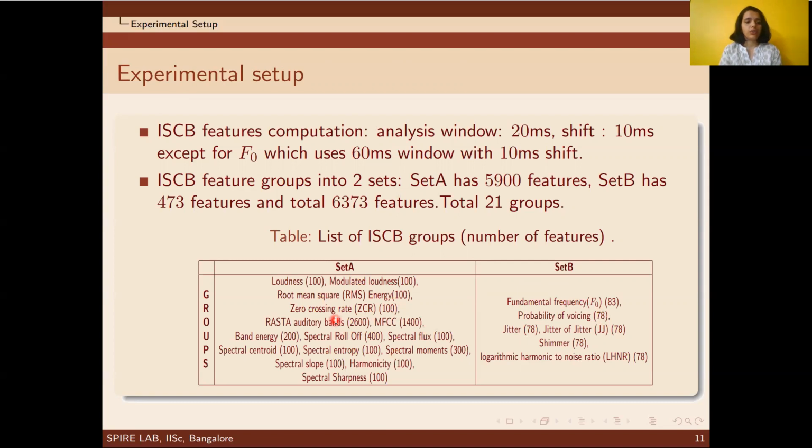Each group is followed by the number of features in brackets. For example, root mean square has 100 features, whereas MFCC has 1400 features. Hence, including all 21 feature groups, we have 6,373 features.